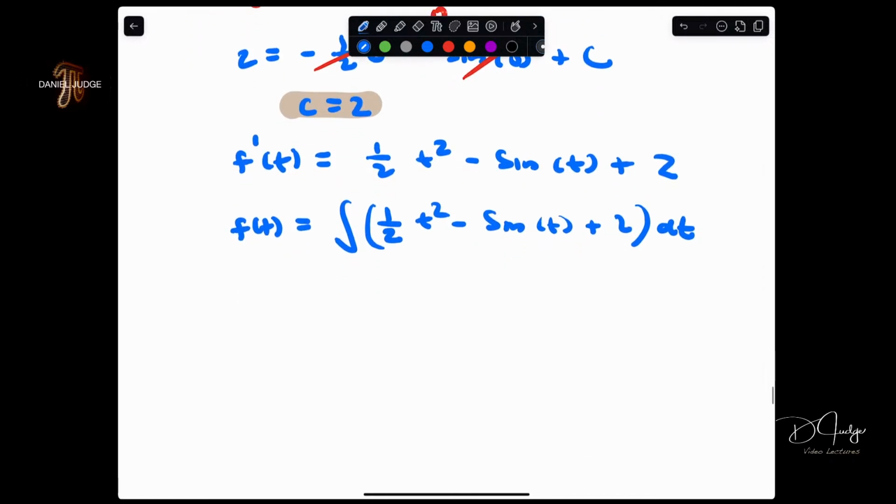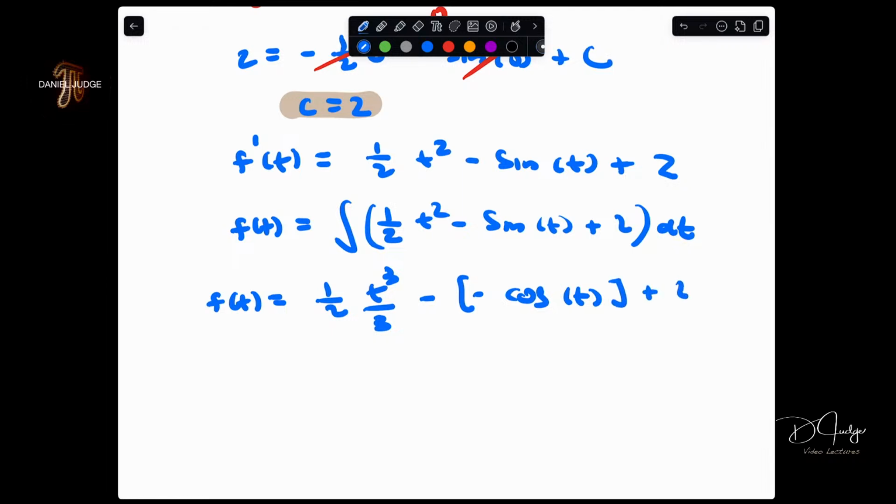Alrighty. So there it is. Okay, let's get antiderivatives here. All right, so f of t is going to be 1/2 t cubed over 3 minus the antiderivative of sine, which is negative cosine.